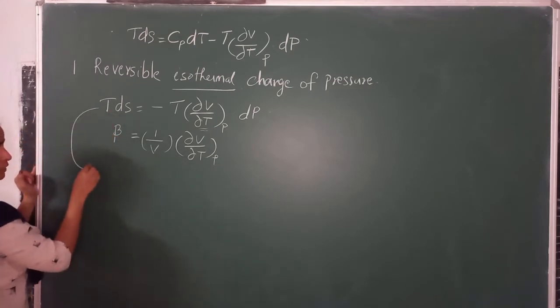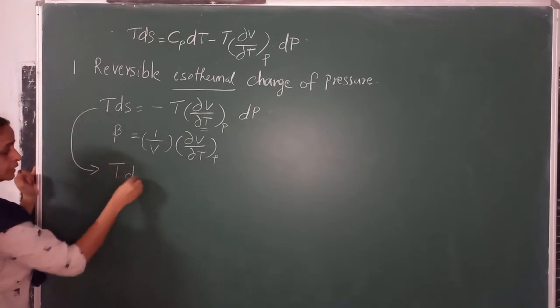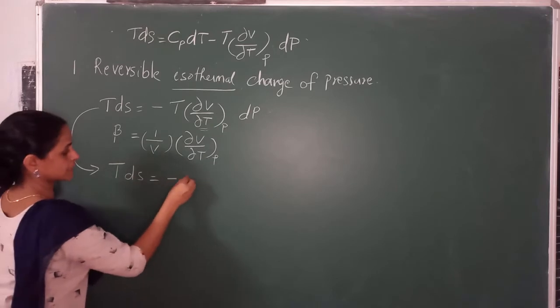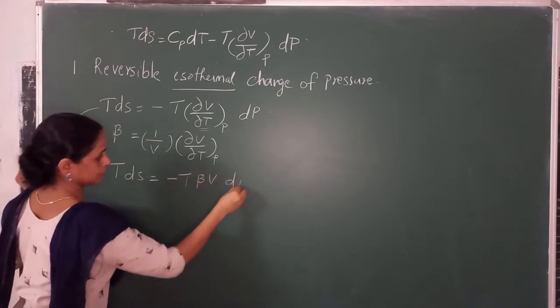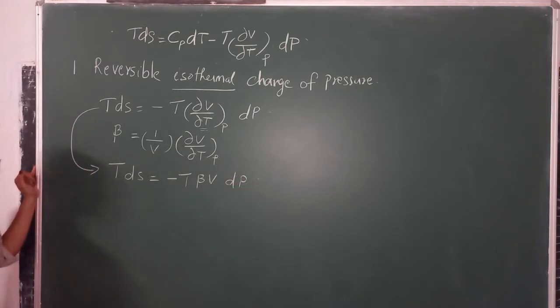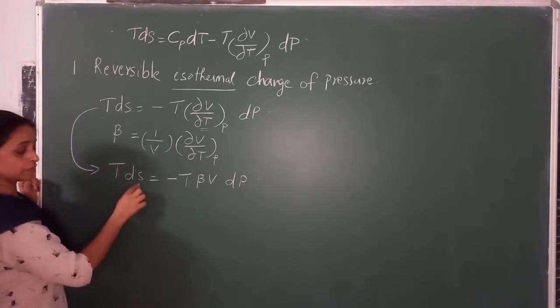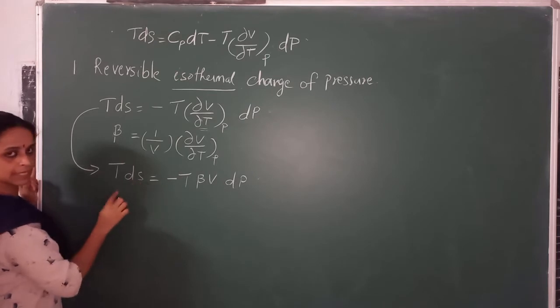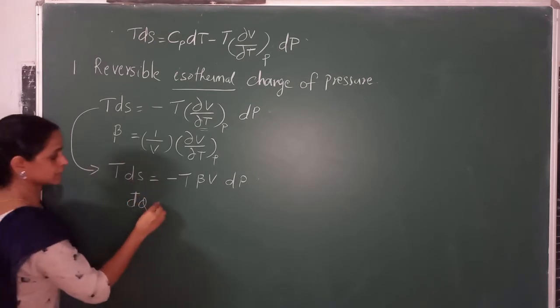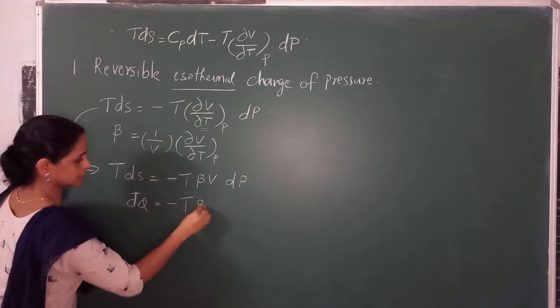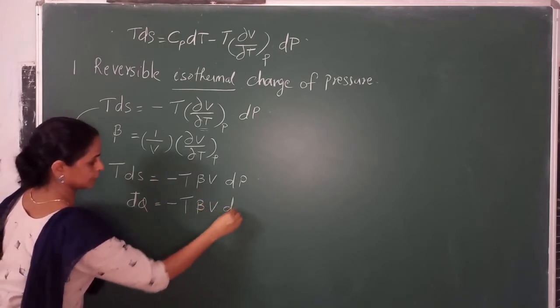So this equation will become TDS equal to minus T beta V into dP. For a reversible process, this TDS can be written as d bar q, which is equal to minus T beta V into dP.